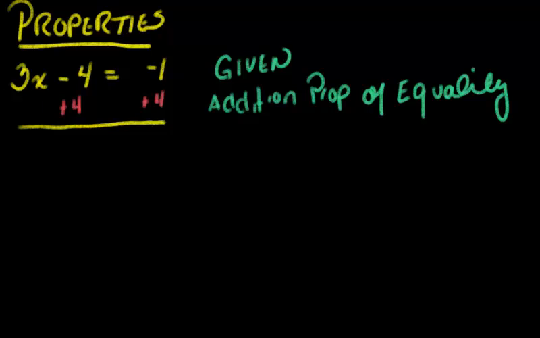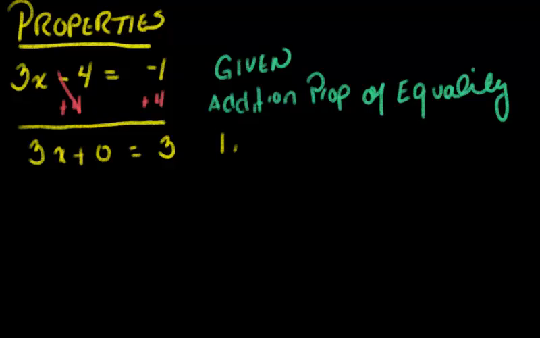And now we're going to cancel this out. So we're going to get 3x. You could put plus 0. Sometimes you will see this written out. If you see the plus 0 here, then that would be your inverse property.